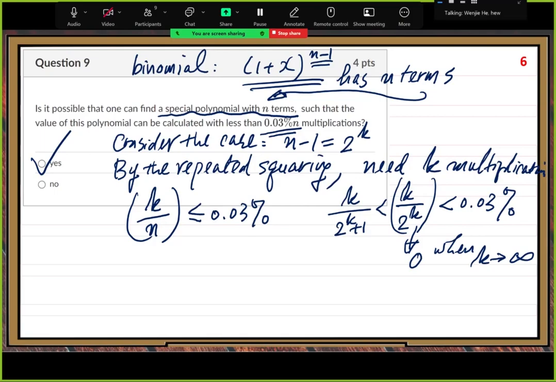If it approaches zero, then it's very easy to beat this 0.03% number. If the ratio approaches zero, it can be any given small number. When k is sufficiently large, you can beat it.